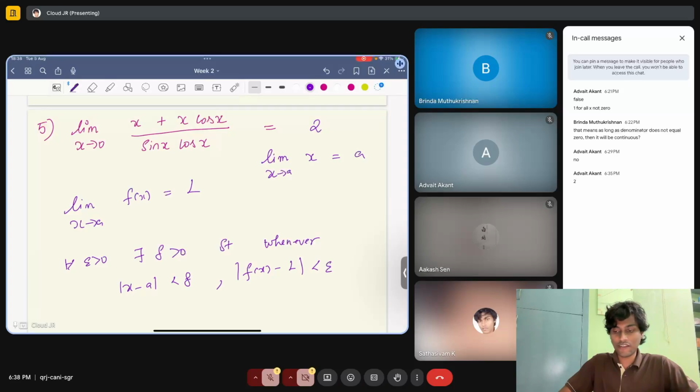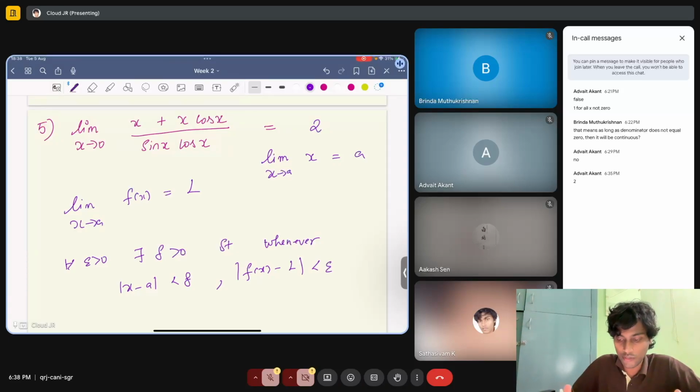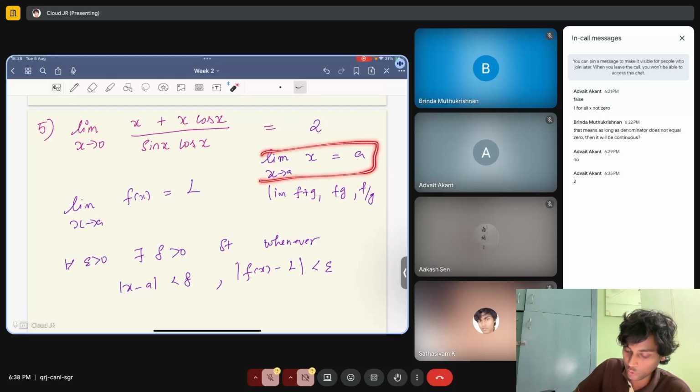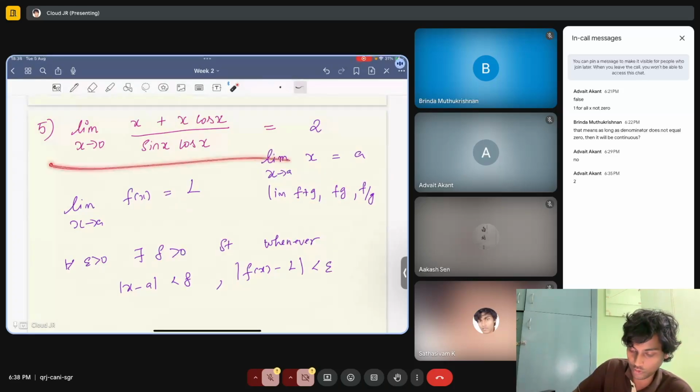And then we are going to just use the algebra of limits. So if you have the limit of f plus g, or fg, or f by g, one can calculate these limits, right? So we are going to use this plus the standard limits we know to solve these problems. Okay.